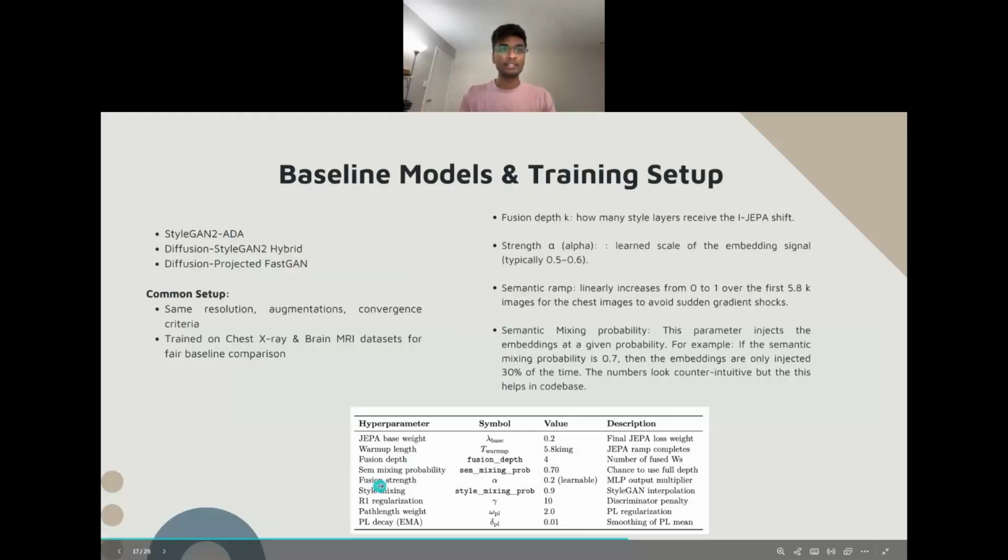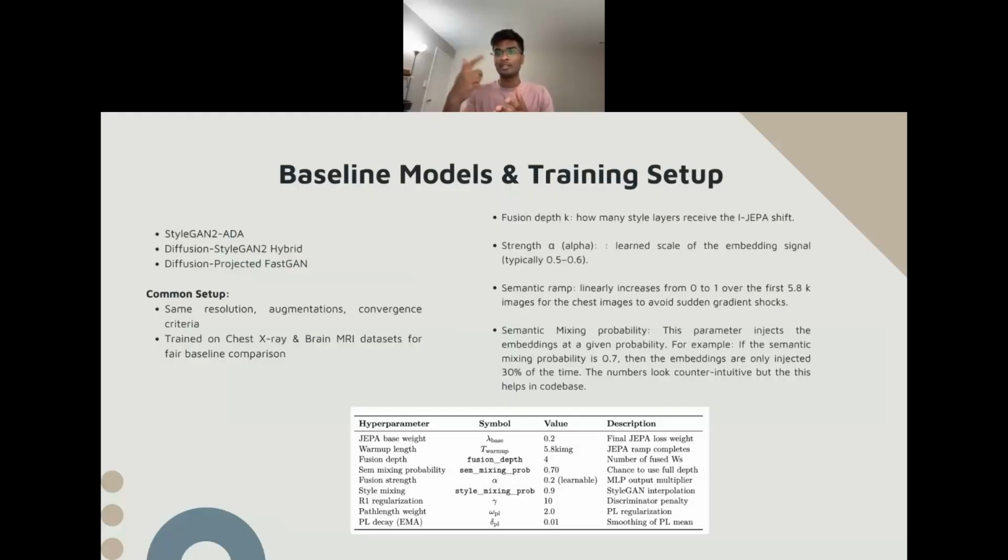I also introduced a semantic ramp, mentioned here as the warm-up length. It gradually increases from 0 to 1 over the span of 5.8k images, that is 5,800 images, the number of times the model sees the images in one epoch.